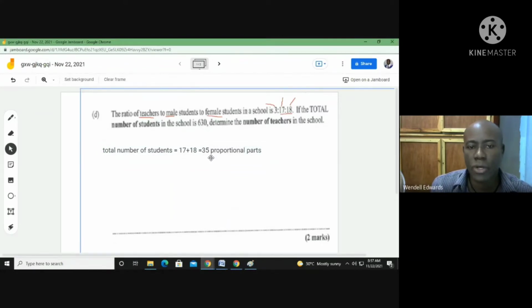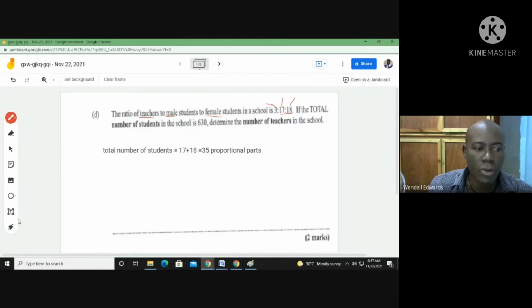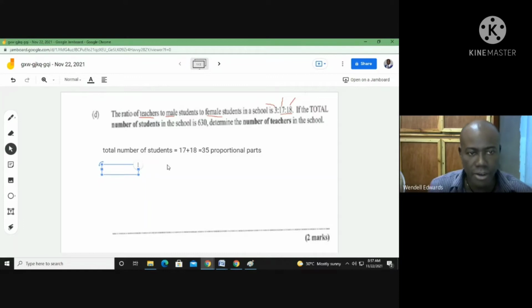All right. So this is very important. Now, it is our responsibility, though, to say, you know what? It is this 35 parts that is equal to the 630 students. Right? So the 35 parts is actually equal to 630.